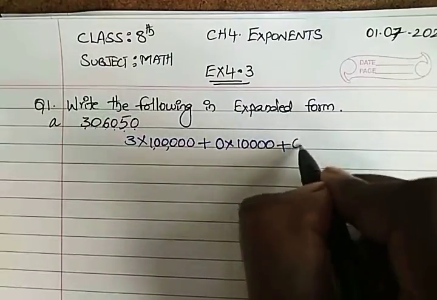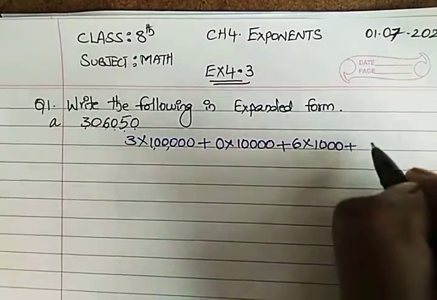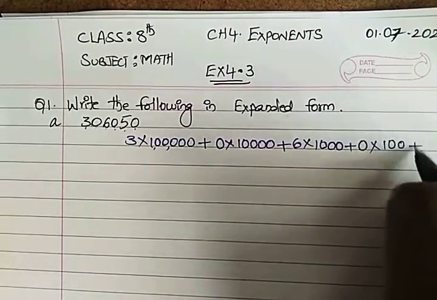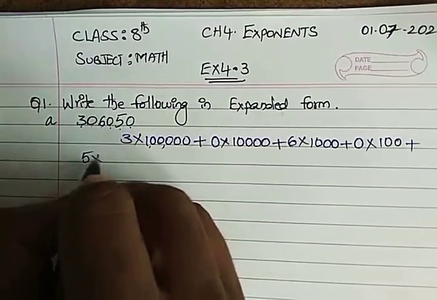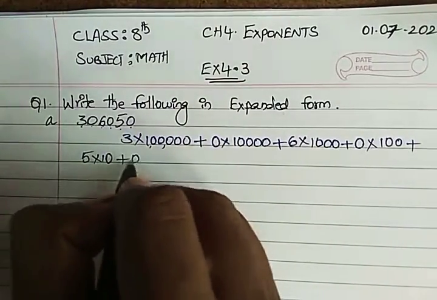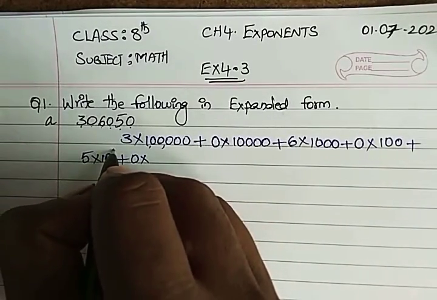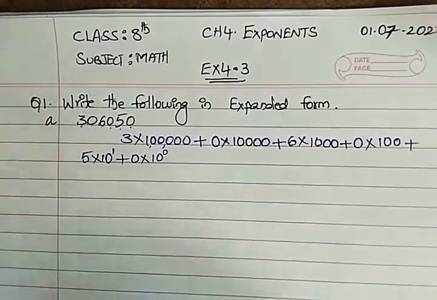Plus 6 is in the 1,000 place, so 6 into 1,000. Plus 0 is in the hundreds place, plus 5 is in the tens place, plus 0 is in the ones place. So here it is 10 power 1, and the ones place is 10 power 0.